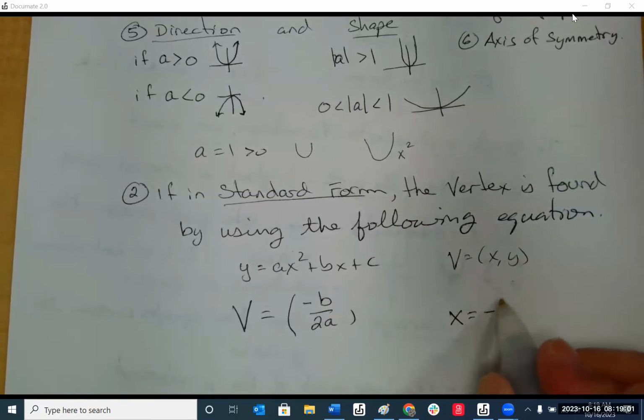If in vertex form, the vertex is simply this, (h, k).